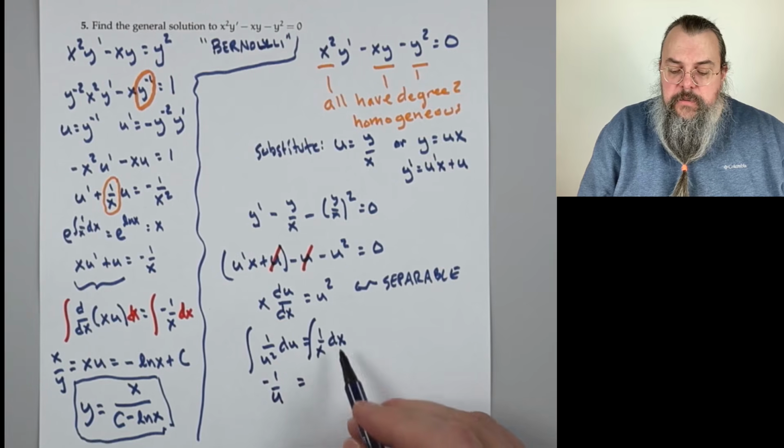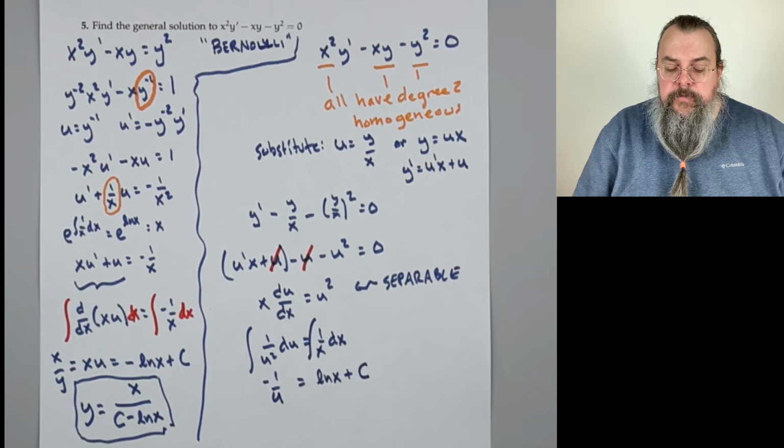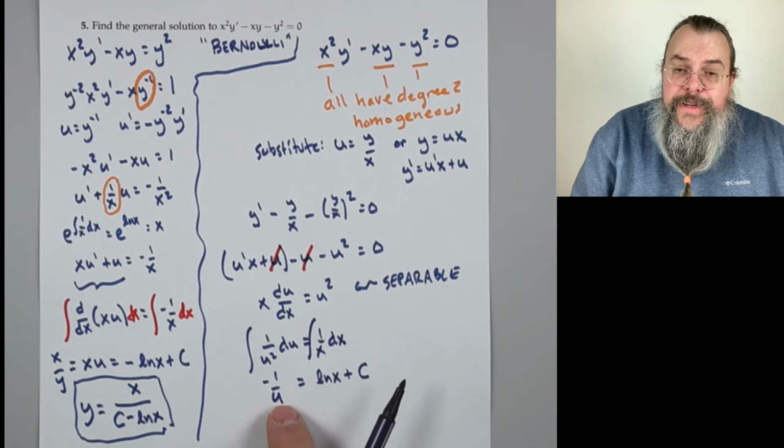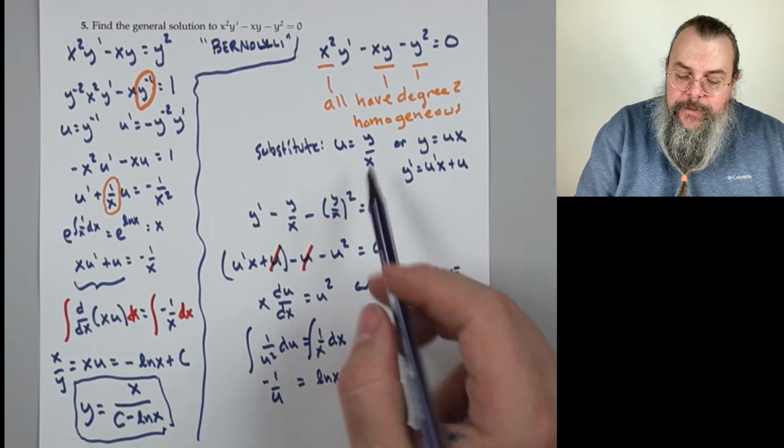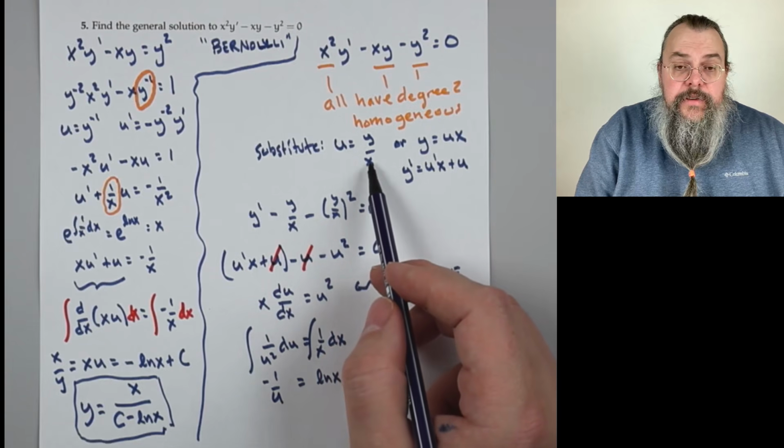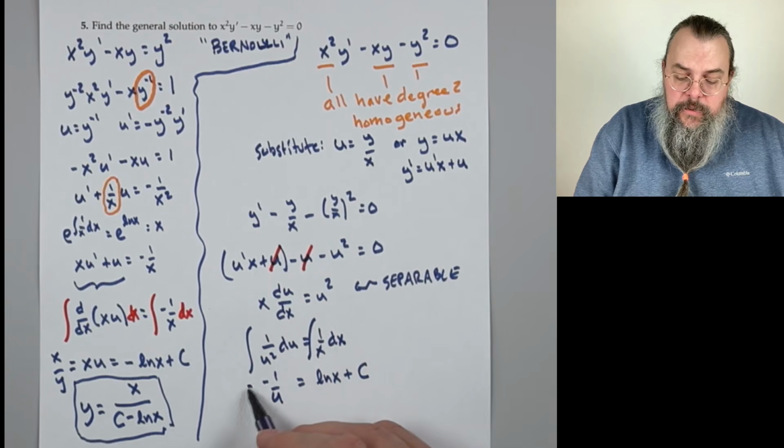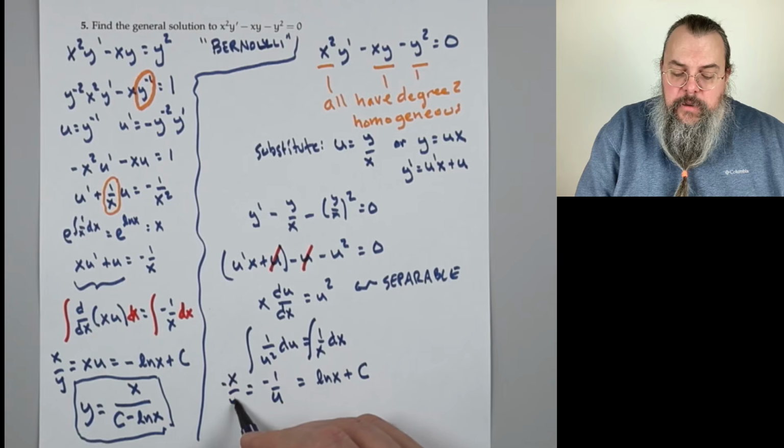Now, the integral of 1 over u squared, because after you separate, you integrate, is minus 1 over u. And here, the integral of 1 over x is log x plus c. But wait, what's minus 1 over u? Well, since u is y over x, 1 over u is x over y. So this is minus x over y.